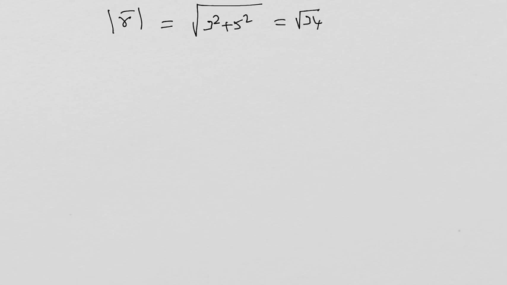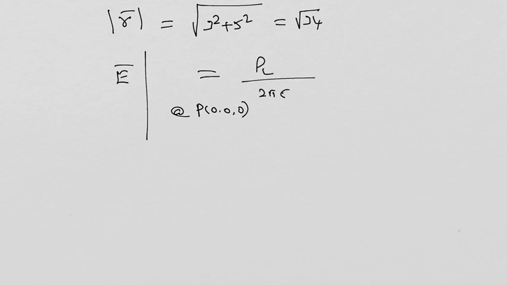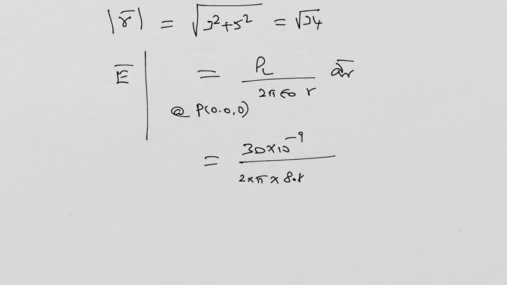9 plus 25. What is electric field density due to a straight line conductor at a point 0, 0, 0? It is given by rho L by 2 pi epsilon naught into R magnitude, the perpendicular distance to the point of observation from the source. So it is equal to 30 nanocoulomb per meter, 2 pi into 8.854 into 10 power minus 12, root 34.